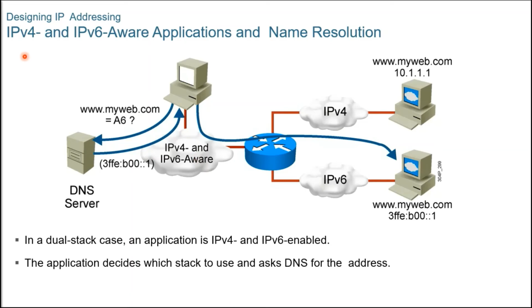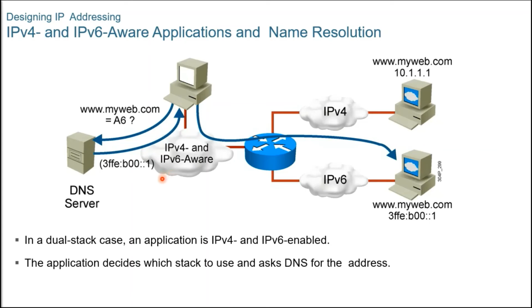How about IPv4 and IPv6 aware applications and name resolution? A dual stack host has both IPv4 and IPv6 protocol stacks and has a new application program interface, or API, defined to support both IPv4 and IPv6 addresses and DNS requests. An application can use both IPv4 and IPv6. An application can be converted to the new API while still using only IPv4.